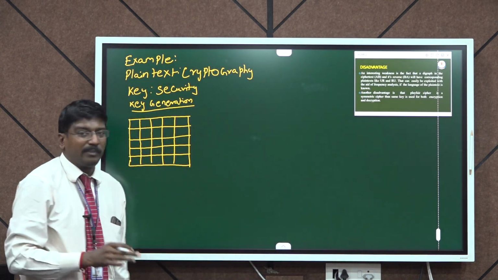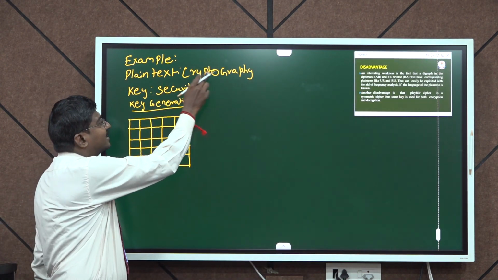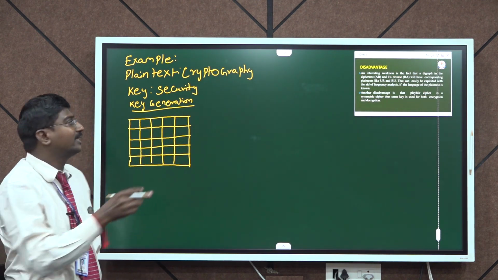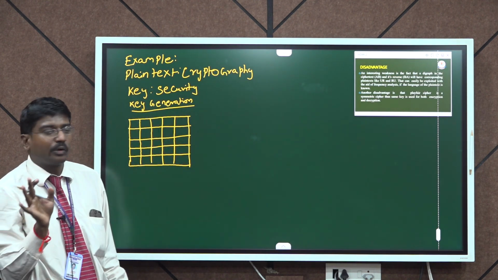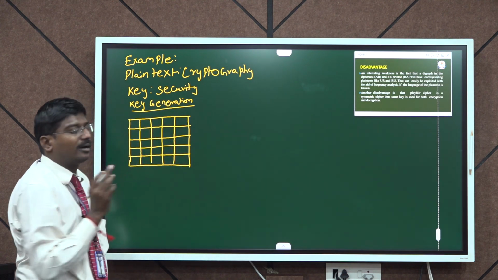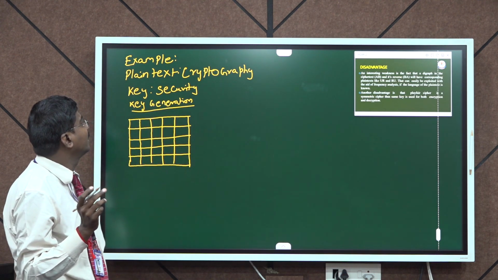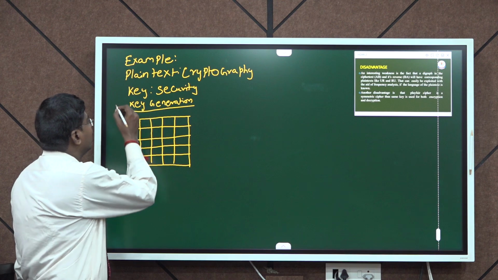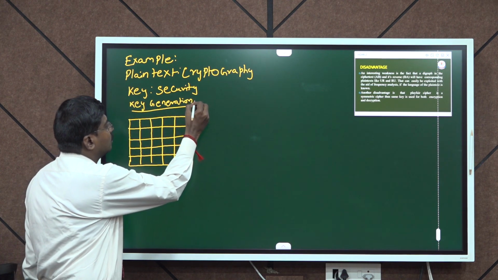Consider the example: the plain text is cryptography and the key is security. The first step in the encryption process is key generation.